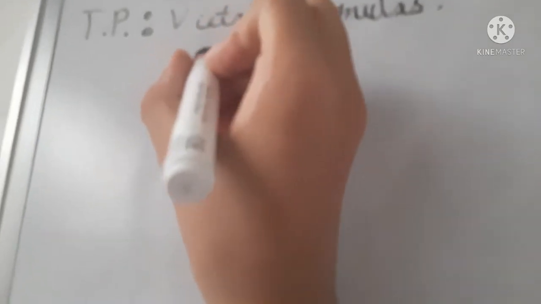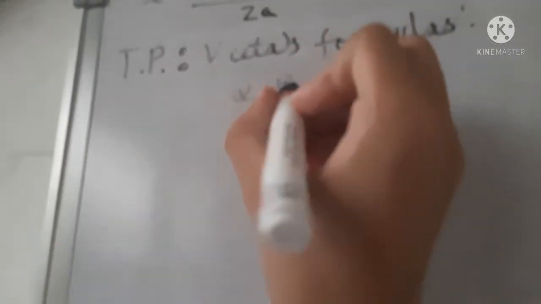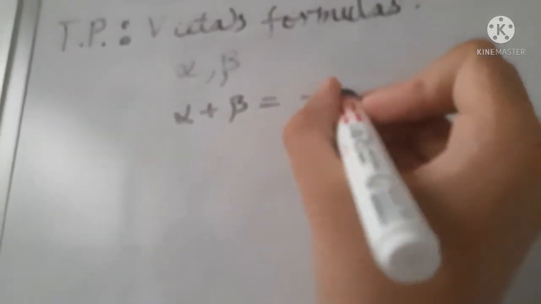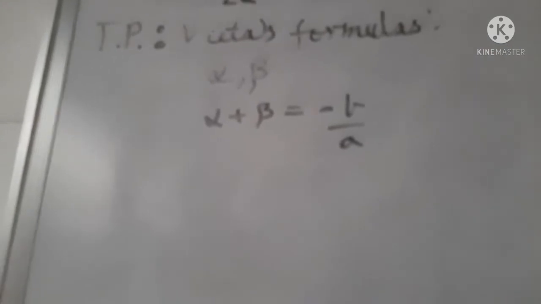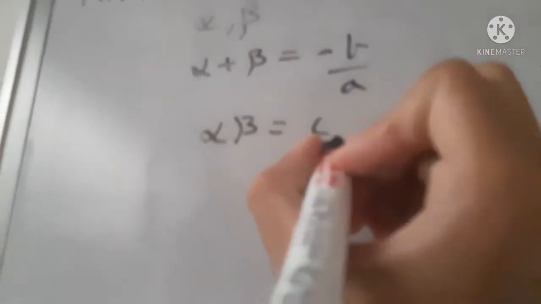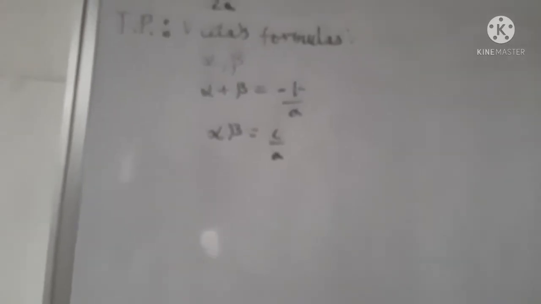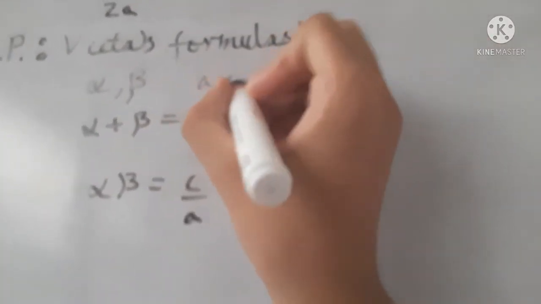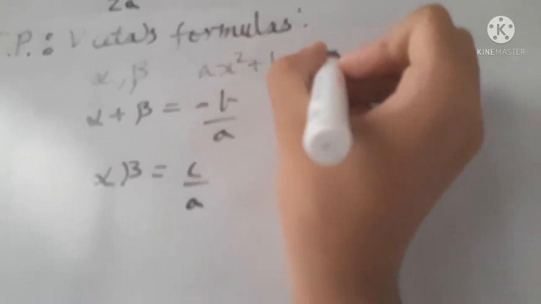So for a quadratic, if we have the roots alpha and beta, then alpha plus beta is equal to minus b upon a, and alpha times beta is equal to c upon a. That's Vieta's formulas for a quadratic equation. Let's just write it here: the general quadratic equation, ax squared plus bx plus c.